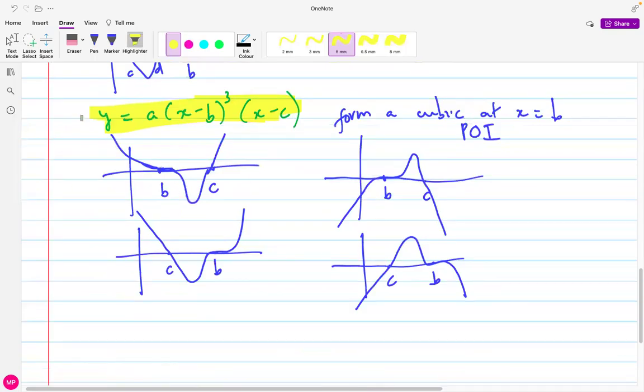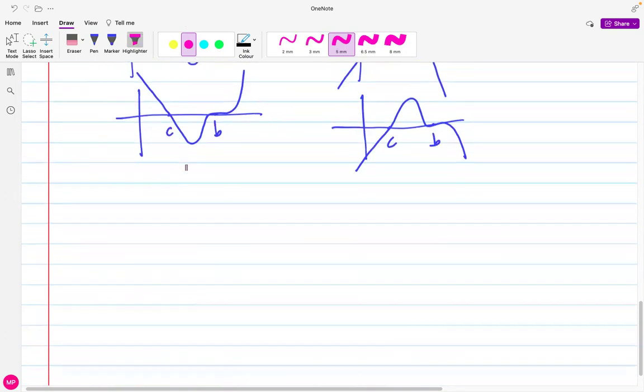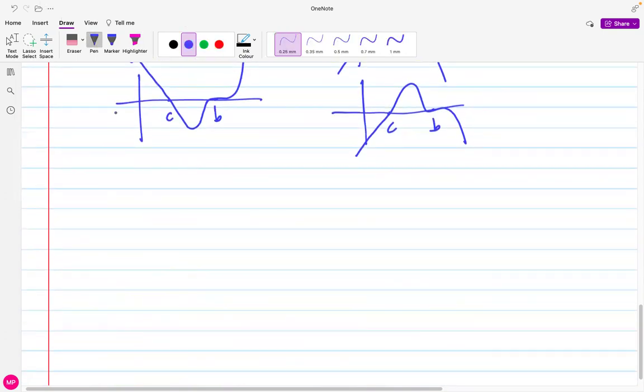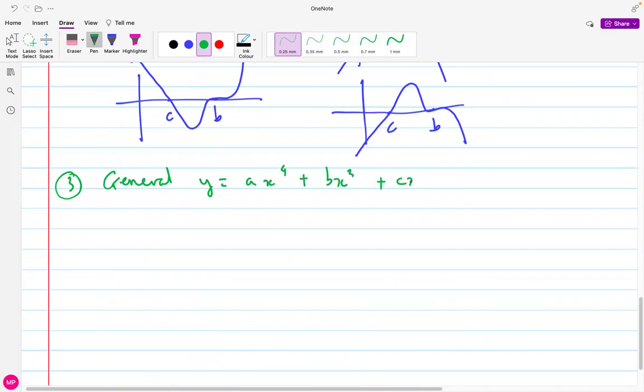Okay. Now the last form I want to talk about is the general form. With the general form, y = ax⁴ + bx³ + cx² + dx + e. So you need to go back to the previous video and learn how to factorize if you don't know yet. For the general form, you need to factorize, okay?